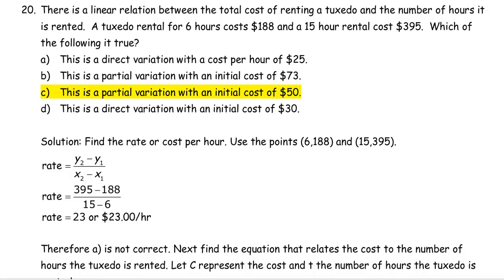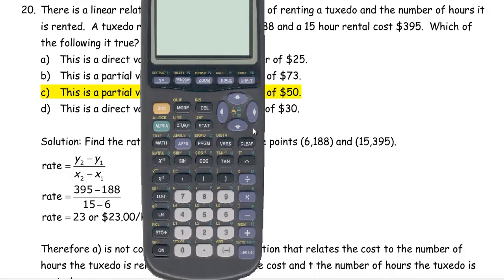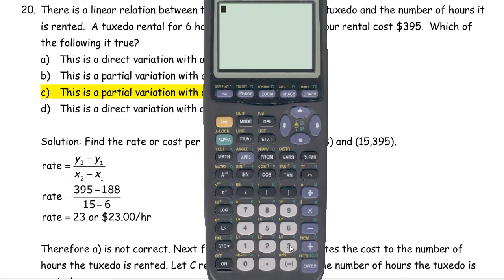So 395 minus 188 is $207, and 15 minus 6 is 9 hours. So 207 divided by 9 is where this 23 comes from.